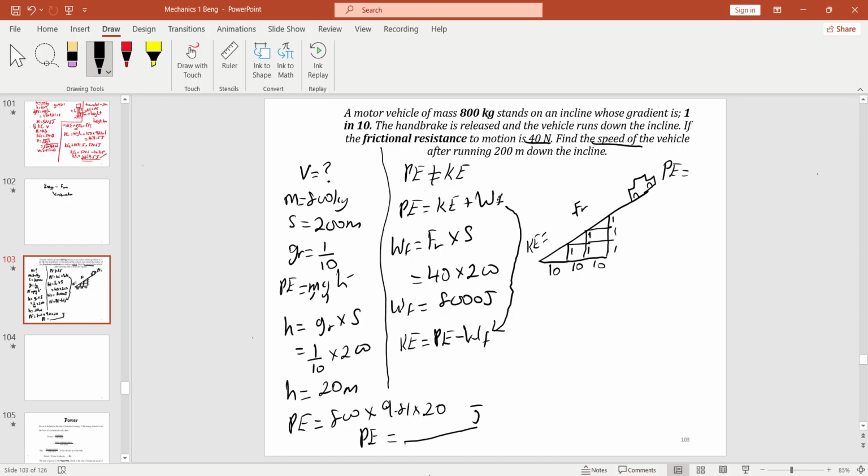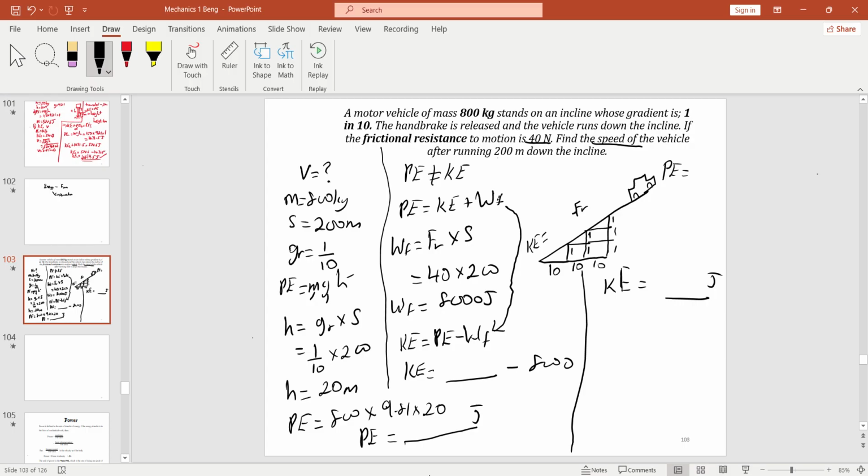So once you do this, the PE minus the 8,000 will give you the value for the KE, also in joules. You can do your computation and then you continue, or you can pause the video when you get to sections where there is empty space for you to fill.